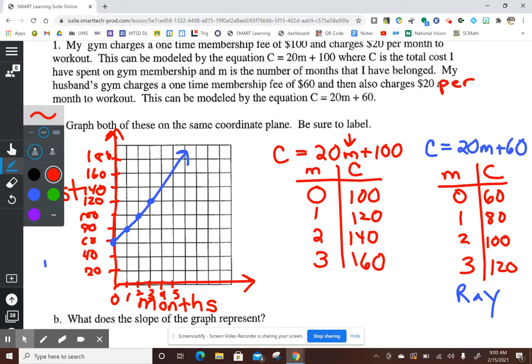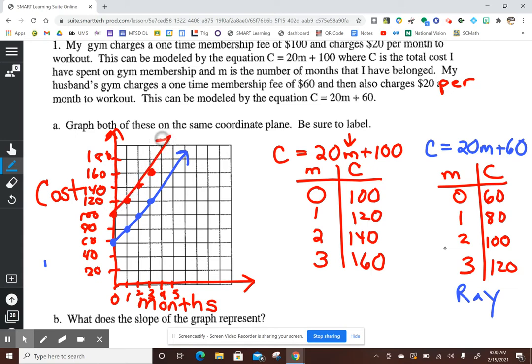Now, let's graph the other one. The other one starts at 0, 100, and it goes here. And when we graph these 2 lines, they appear to be parallel. And they are parallel because they have the same slope, but they have different y-intercepts.